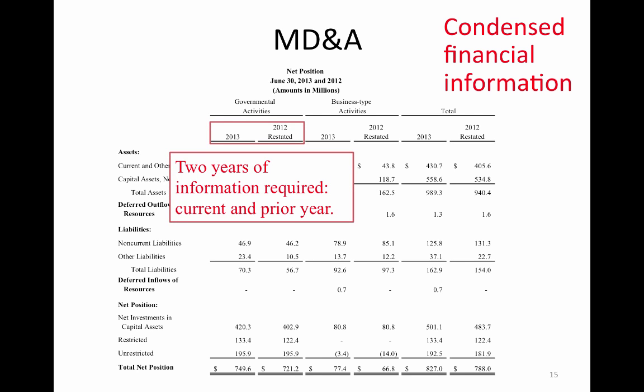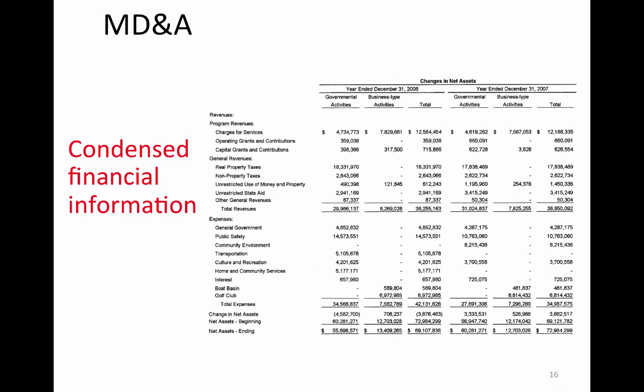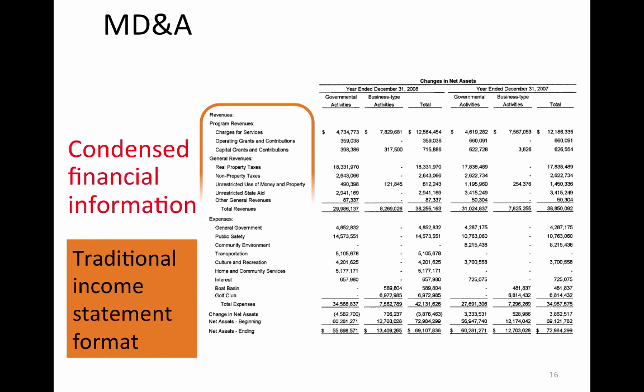You will always see at least 2 years worth of information, the year covered by the financial statements and the prior year. If they use comparative financial statements, meaning they present 2 years worth of financial statements, then you'll actually see 3 years of information in MD&A. This is condensed information from the statement of activities, and it's presented in a more traditional income statement format here than it is in the statement of activities, which has a somewhat unusual arrangement because of its purpose.